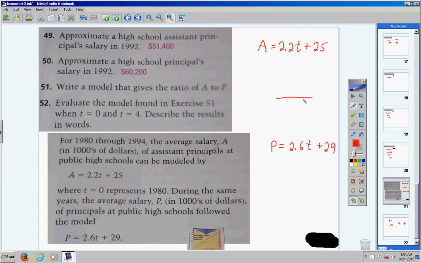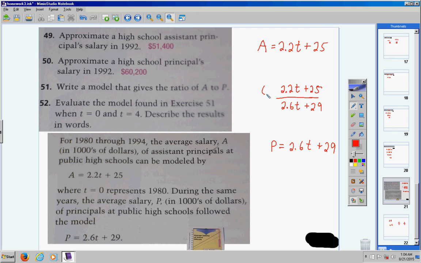So put a fraction line of A to P. What does A equal? This. A to P. What's P equal? This. There we go. So there's the ratio of A to P.